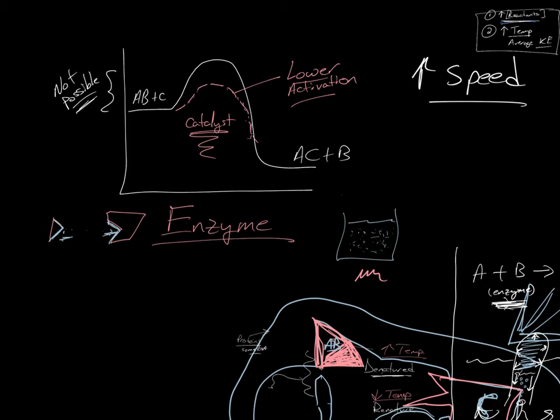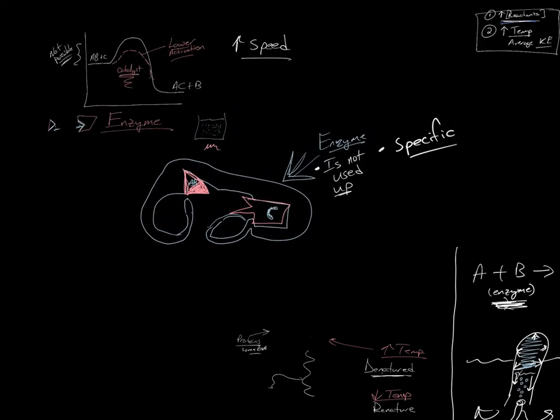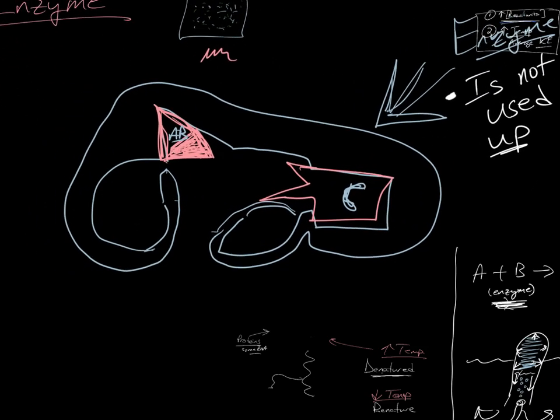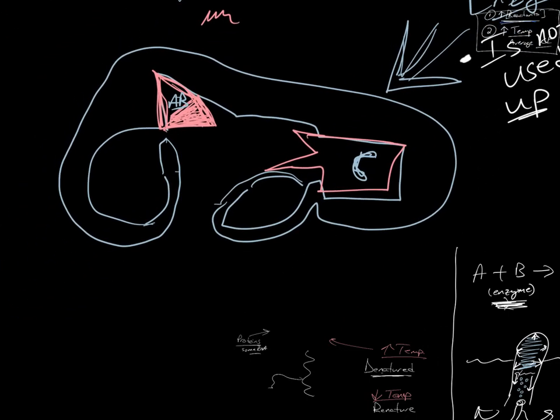They make products by bringing the reactants closer together, and they're dependent on shape. You've heard Mr. Desipeta say it. You've heard me say it. Shape and function are intricately related. So the shape of the protein, you can see here's a crazy shape that I made, is going to determine the function. This is one reactant, this is another reactant.